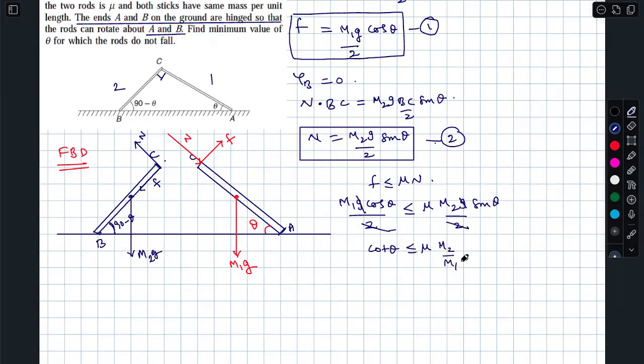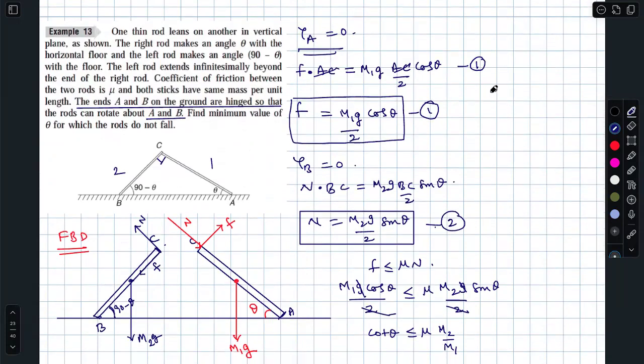They are made of uniform materials, so their mass ratio, m2 by m1, is nothing but mass per unit length times BC by mass per unit length times AC. Literally this is BC by AC. Can anyone tell me what BC by AC is? BC by AC becomes tan theta.